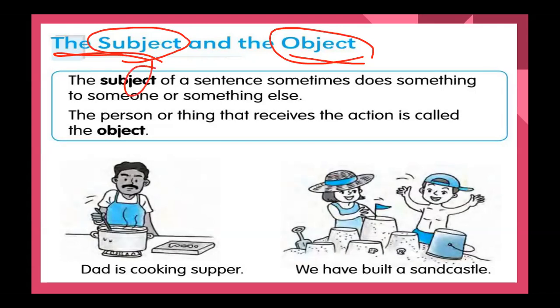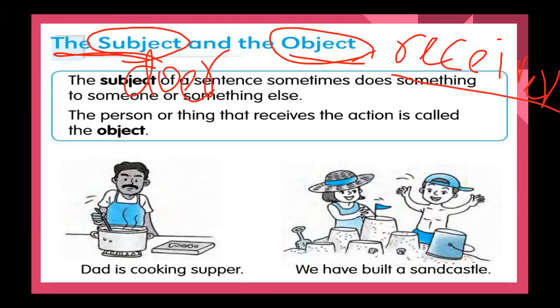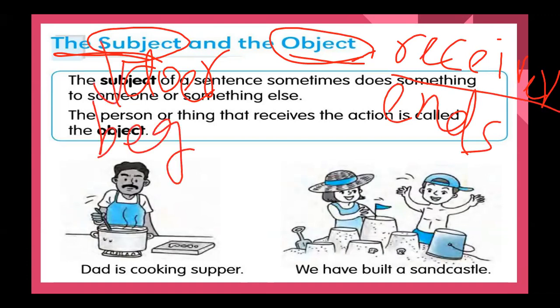And subject is the doer of action, somebody or something which does the action. So that's called the subject. And object is the receiver, a person, animal or thing, whoever receives the action of the subject, and it appears at the end of the sentence. The subject appears at the beginning of the sentence. So these are the points of differentiation between subject and the object.